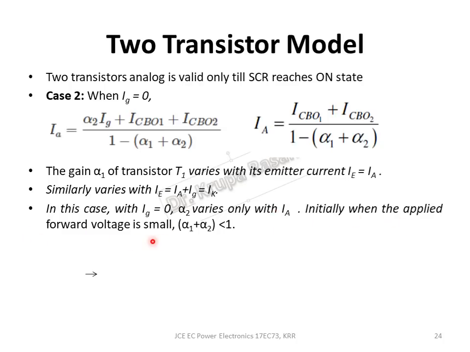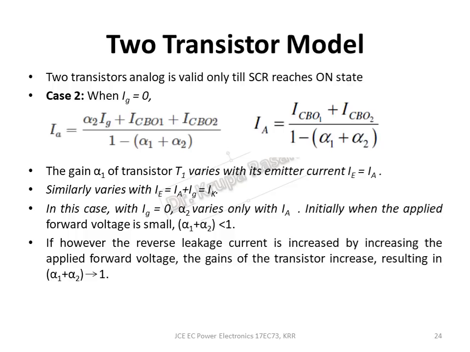Initially, when the applied forward voltage is small, alpha 1 plus alpha 2 is less than 1. However, the reverse leakage current is increased by increasing the applied forward voltage, since junction J2 is reverse biased, and hence the leakage current will increase as I increase the forward voltage. The gains of the transistor will increase, and that will result in alpha 1 plus alpha 2 tending to 1.